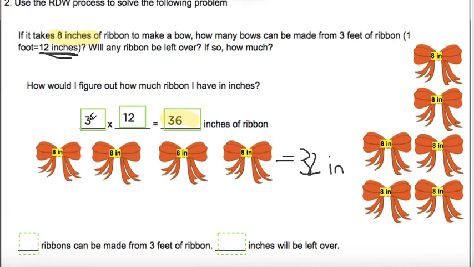We have 36 inches. How many inches do we have left? Absolutely. 4 inches will be left over. And how many bows did we make? Good, 4. Good job, you guys.